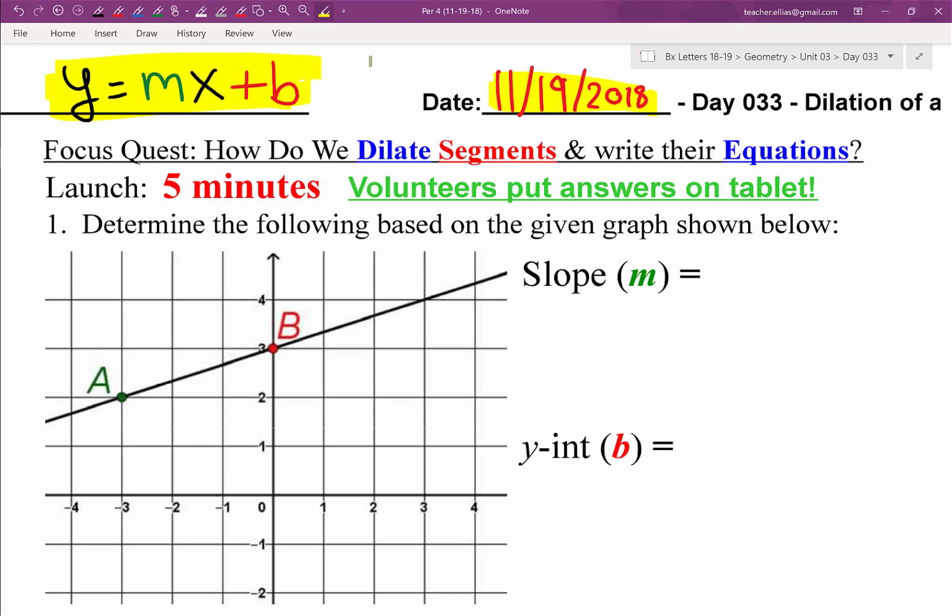So that's like 5 minutes now. And then you can go. What is the line? Where is the spot? Yes. 1/3.